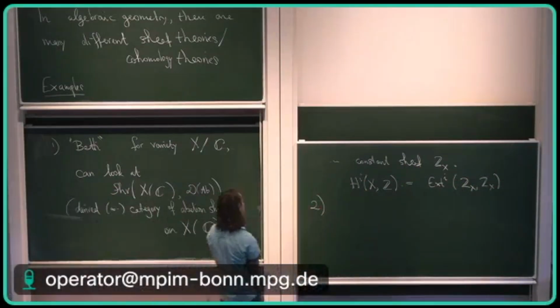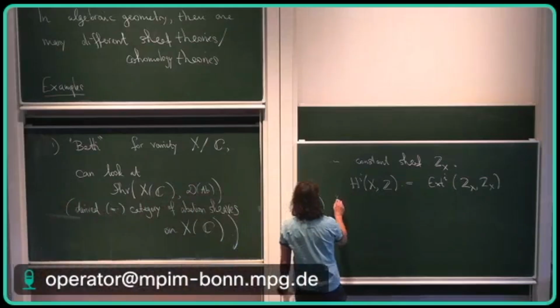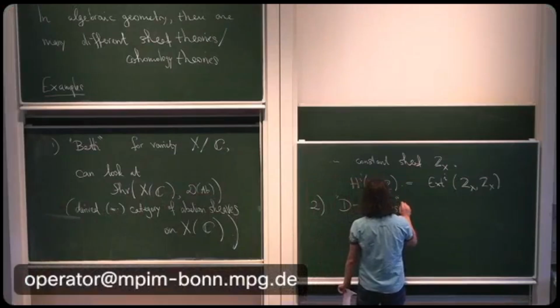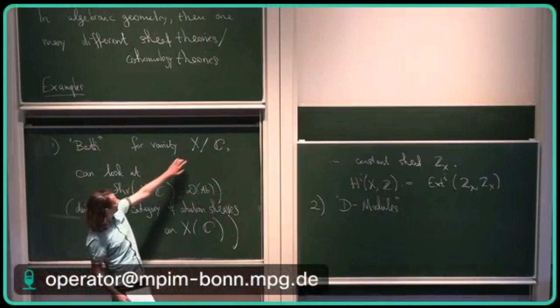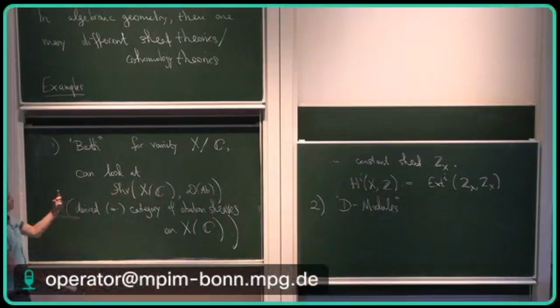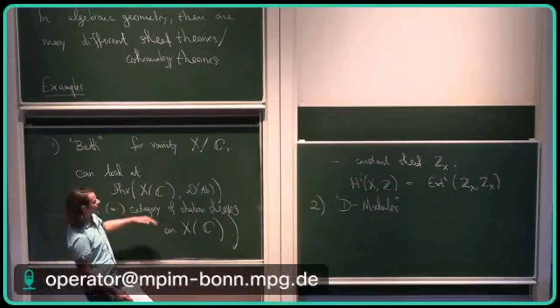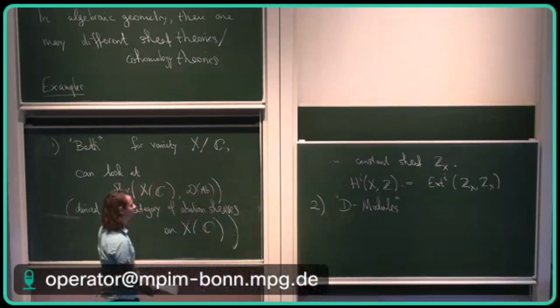Another classical sheaf theory is D-modules. So there's this Riemann-Hilbert correspondence, which relates local systems on such an X to vector bundles with an integrable connection, and more generally constructible sheaves can be related to more general kinds of D-modules, the modules over the rings of differential operators.